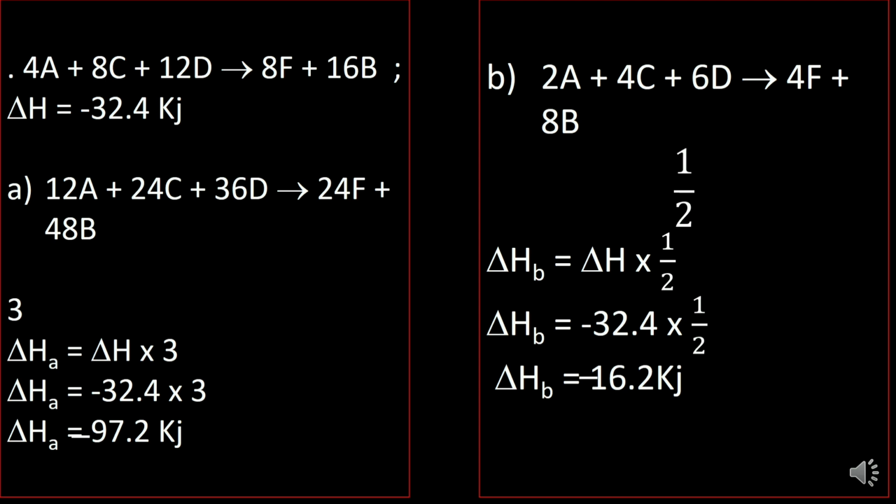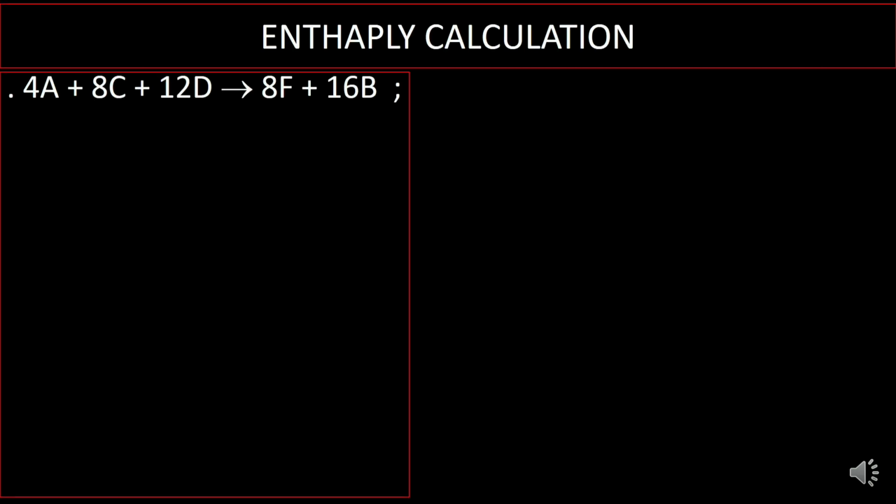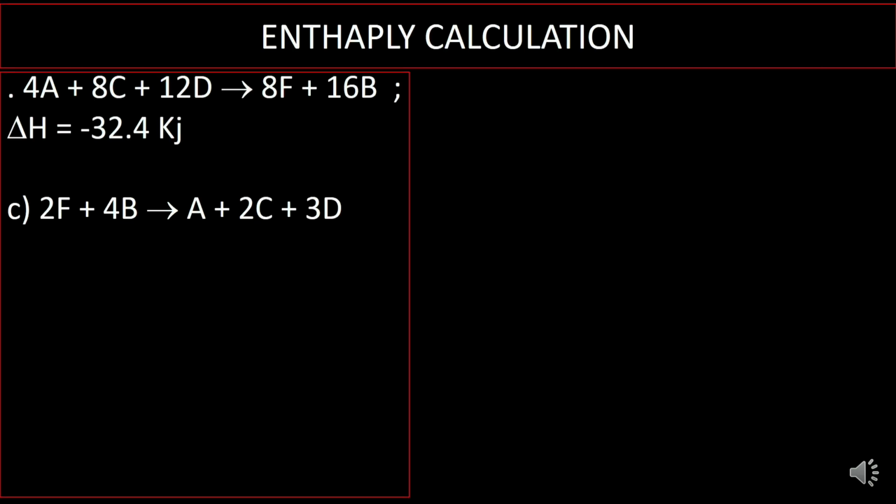Okay, now let's go to question C. Question C is 2F plus 4B, then the product is A plus 2C plus 3D. If you look at this, the product of the general expression is the reactant of question C, and the reactant of the general expression is now the product of question C. That means the first thing we need to notice is that the sign of the enthalpy is going to change.